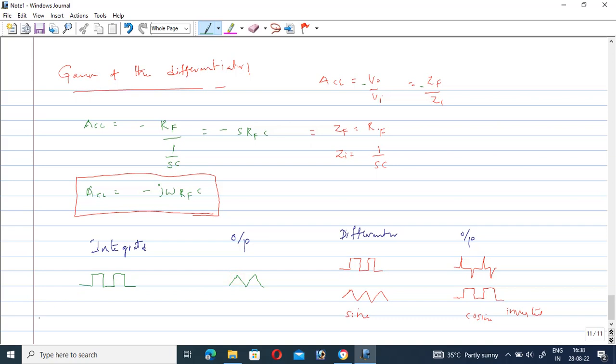If you provide spikes, it gives an output like this, and if you provide a sine wave, it produces a cosine. These are the inputs and outputs in the case of the integrator and differentiator, as well as the gains of the corresponding integrator and differentiator circuits.